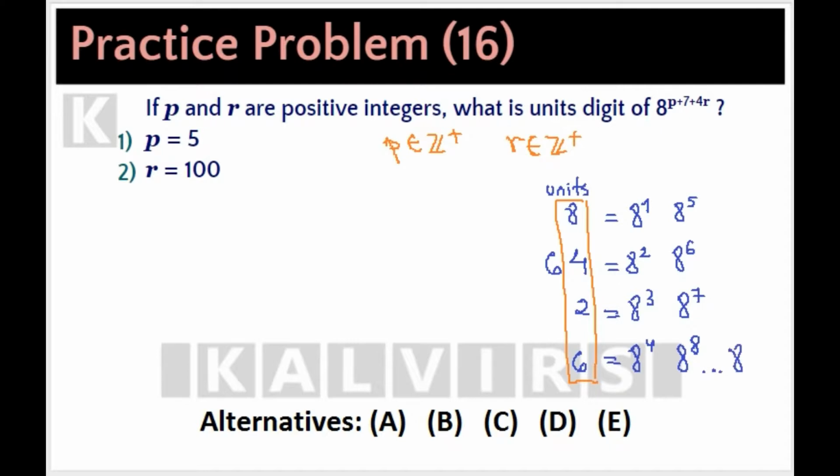Therefore, 8 to any multiple of 4 always has a unit digit of 6.